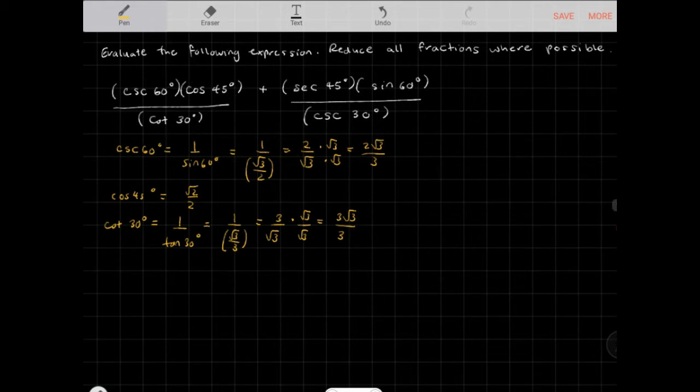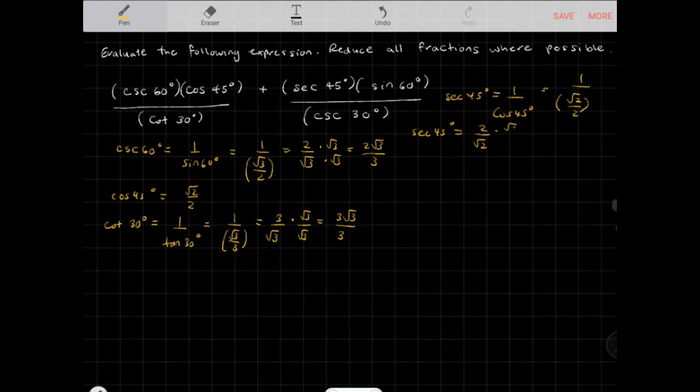Now let's take a look at the second rational expression on the right. We have secant 45 degrees, which is 1 over cosine 45 degrees, which is basically 1 over square root 2 over 2, which is 2 over square root 2. Okay, so this is secant 45 degrees, it's 2 over square root 2, right?